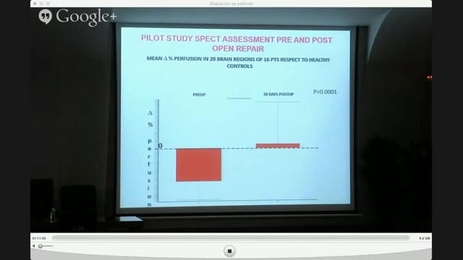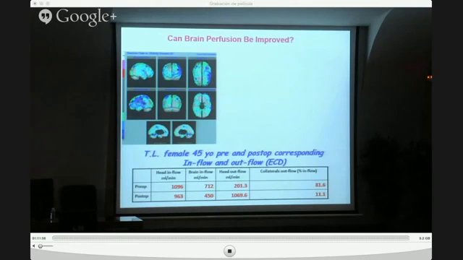Just as a case, you may see the SPECT in this lady of 45 years old with the cold blue color of hypoperfusion. Inflow, the brain outflow is shown, and you may see that the collateralization is dramatically reduced from 80% to 11%, and the flow through the jugular went from 200 to 1000 milliliters per minute.